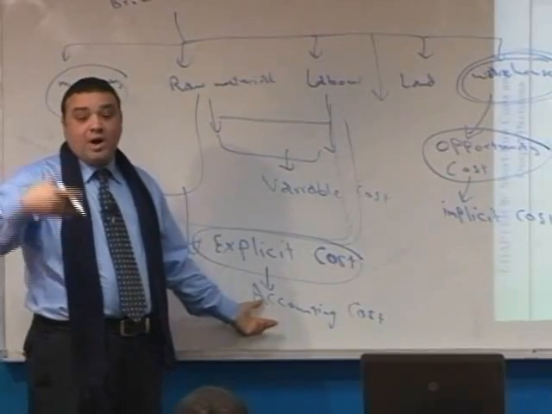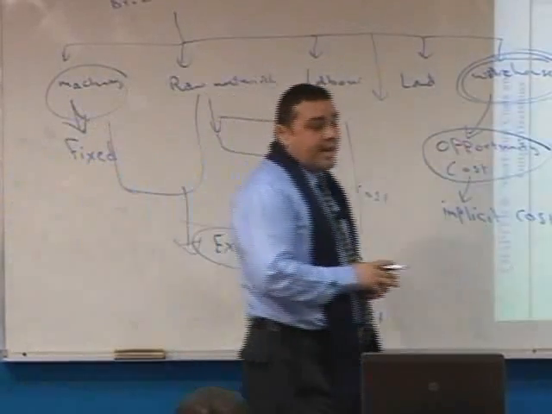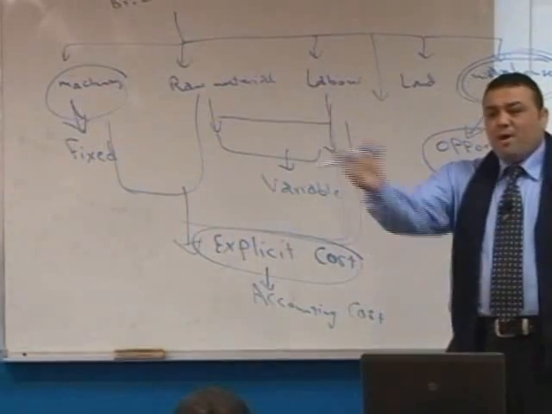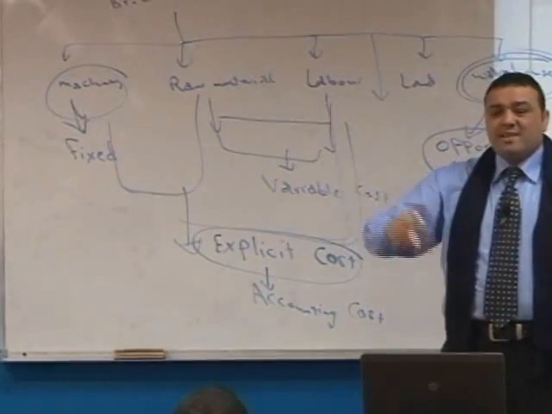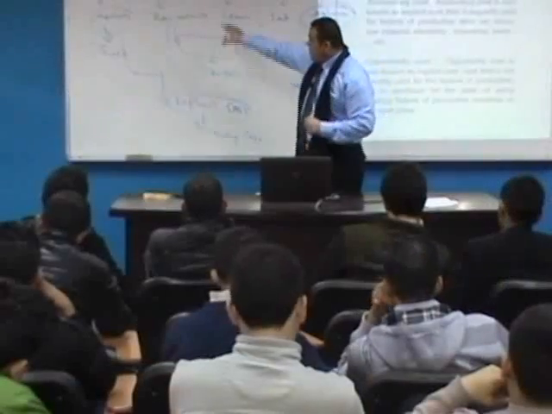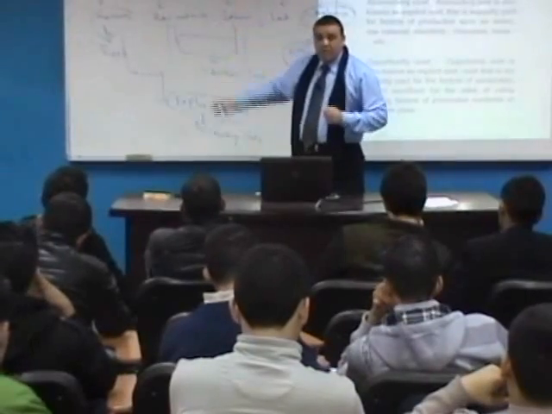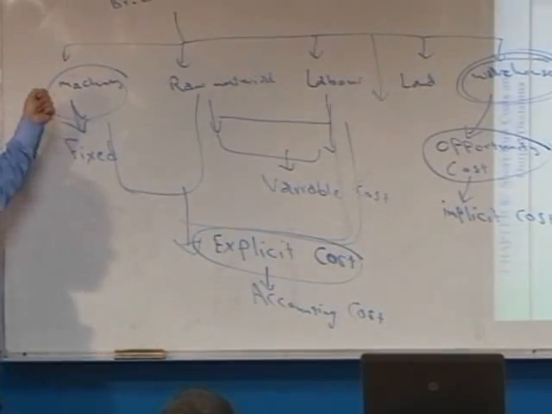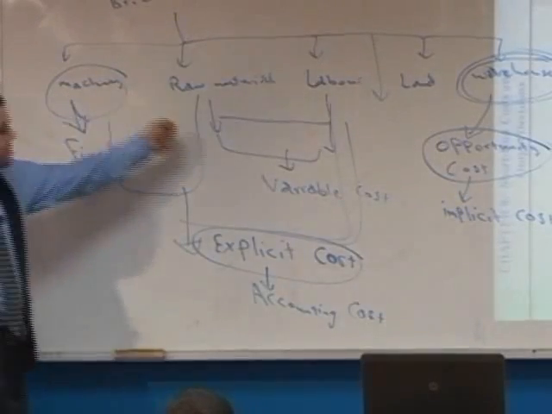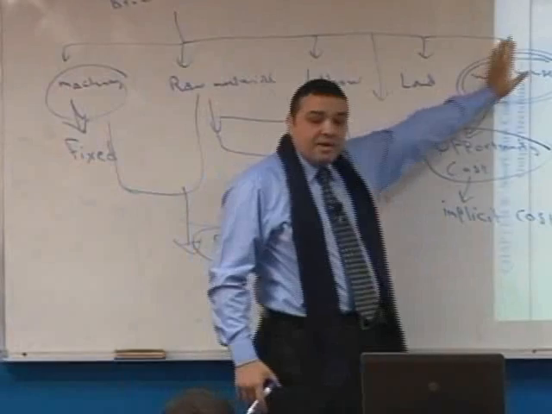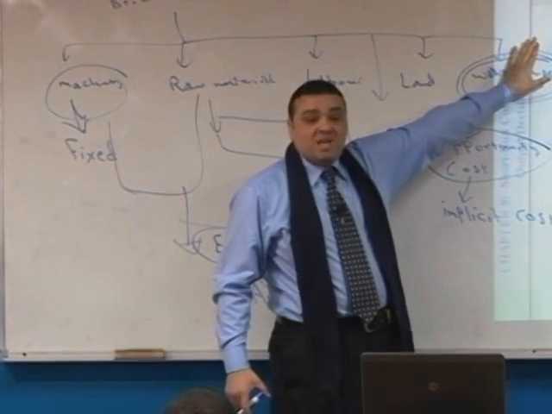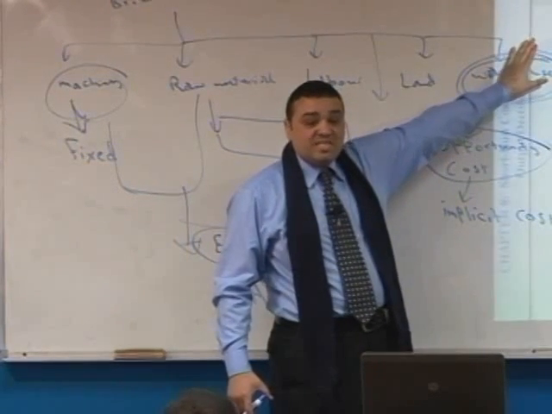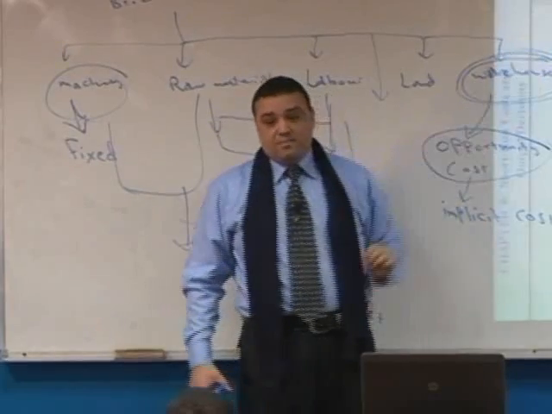So if you ask the accountant, what about the total cost that your firm paid, he will say that we purchase machinery, raw material, labor, and land, and he does not consider the warehouse, which is owned by the firm.